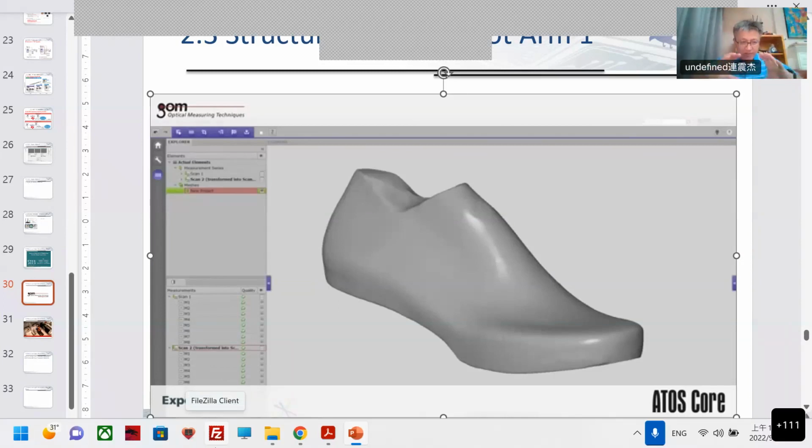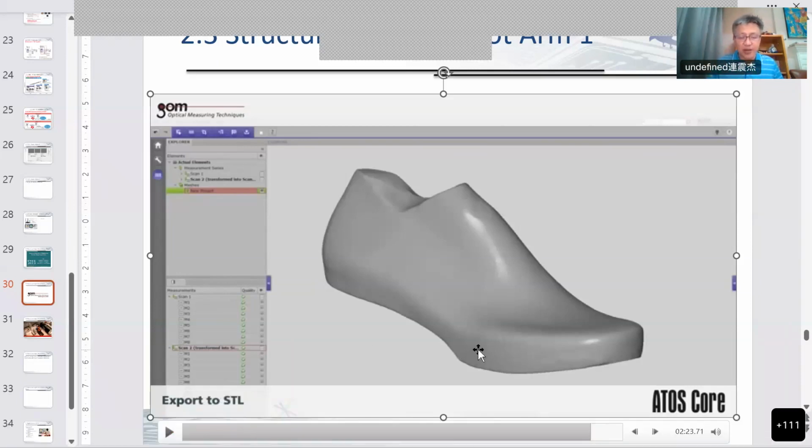so your foot, 你的脚, put inside the box. And use DLP because they have a high precision. They can reconstruct, they can measure your foot. And then based on your foot, you can transfer this 3D information to the internet, to the shoemaker company.